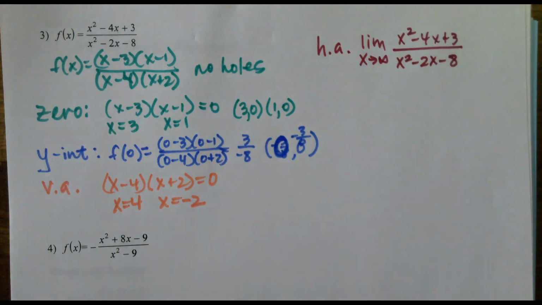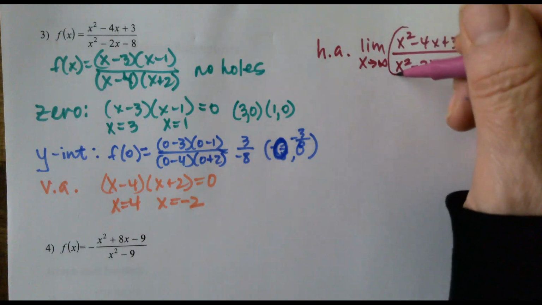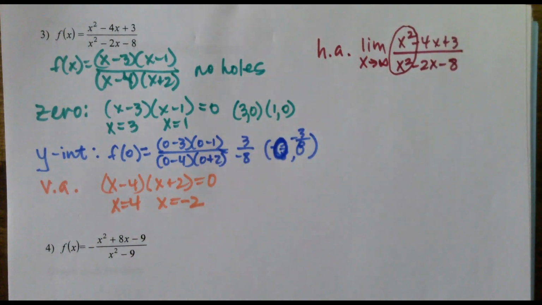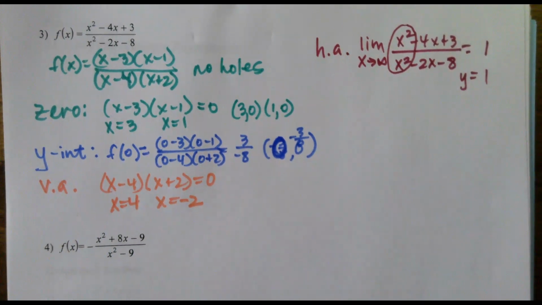And sometimes I won't be able to do that. I'm going to have to figure out what I think the highest power is. And so it's just sort of not actually multiplying it through, but envisioning what's going to happen. Here my highest power is squared. It's neutral. That reduces down to 1. So I have a horizontal asymptote at y equals 1.